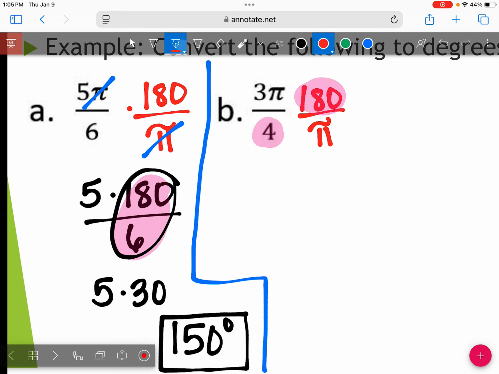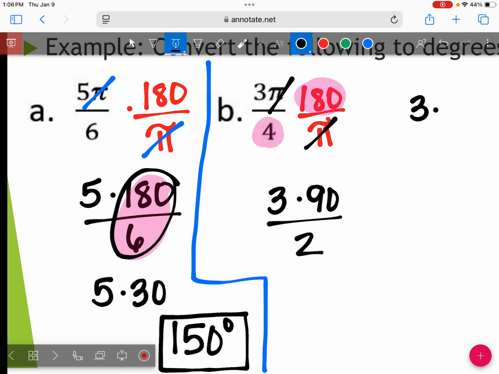So then that gave me 3 pi. Well, not 3 pi because pi goes away, sorry. So pi goes away. So that gave me 3 times 90 divided by 2. That's how I did it. Now you don't have to do that.